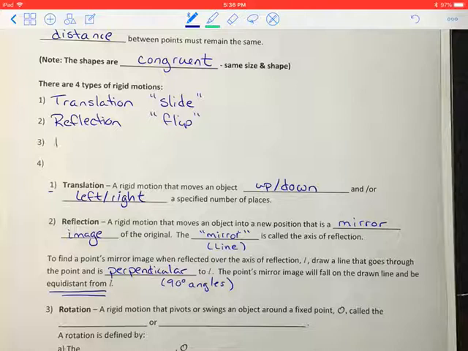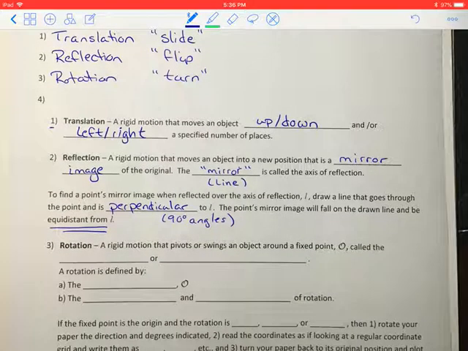Next we have a rotation. So a rotation is a turn. Okay, so a rotation is a rigid motion that pivots or swings an object around a fixed point O. Our book calls this the rotocenter.